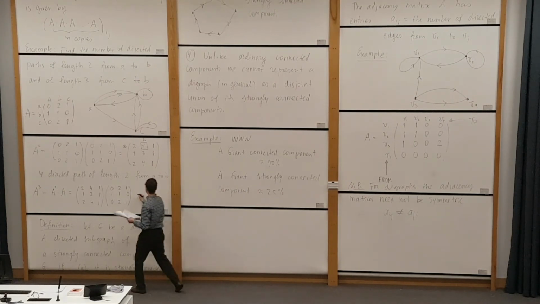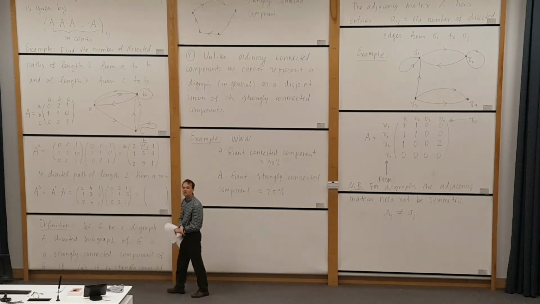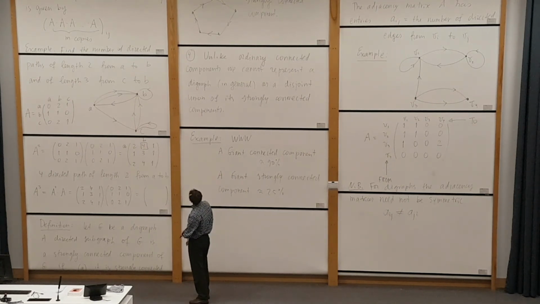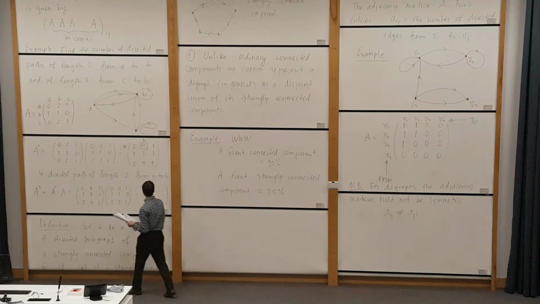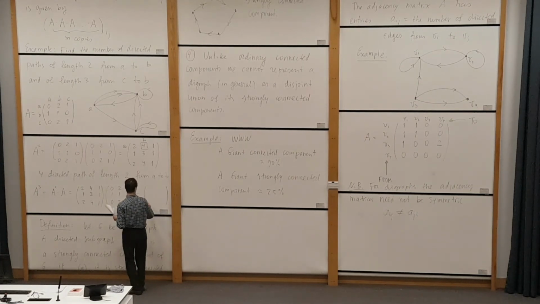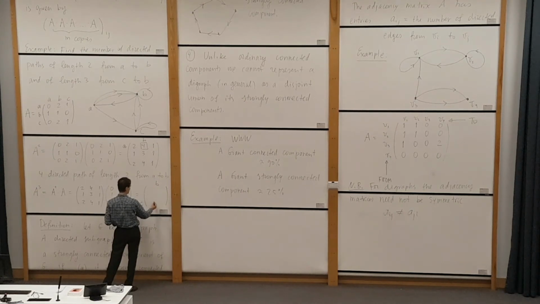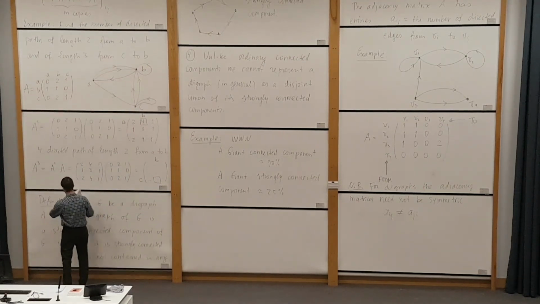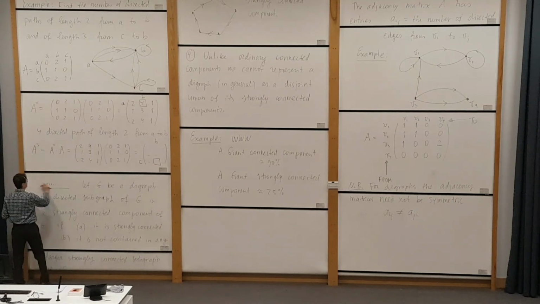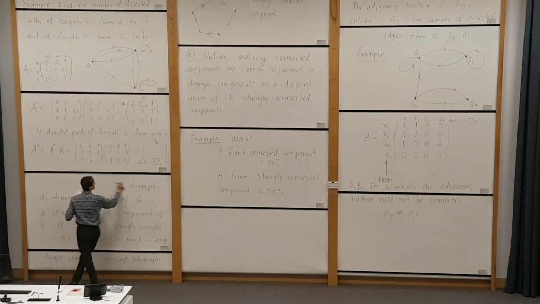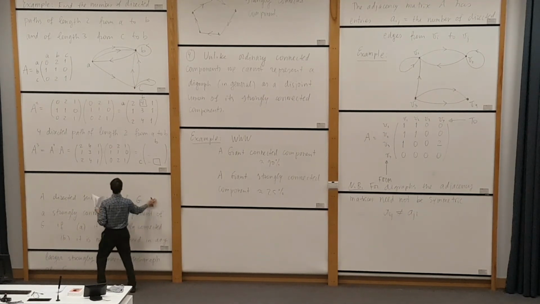And this time we don't need to calculate all entries. We only need one to answer the question. From C to B, that means it's going to be in the 3rd row and the 2nd column. So we don't care about the rest of them. Let's do the arithmetic separately.